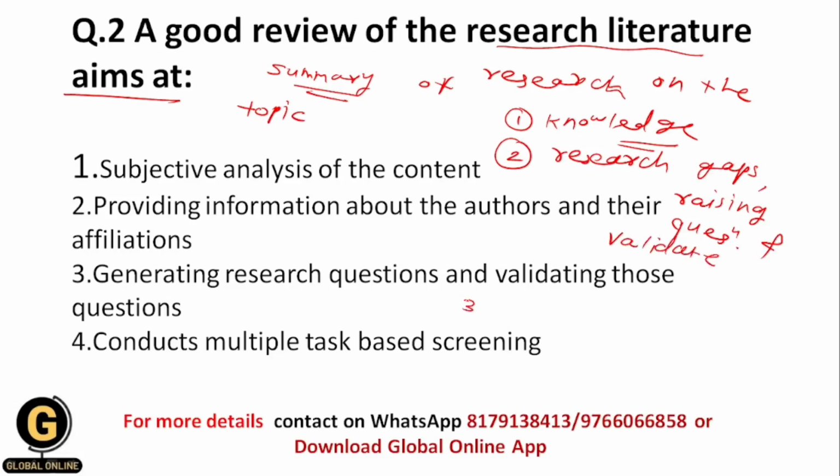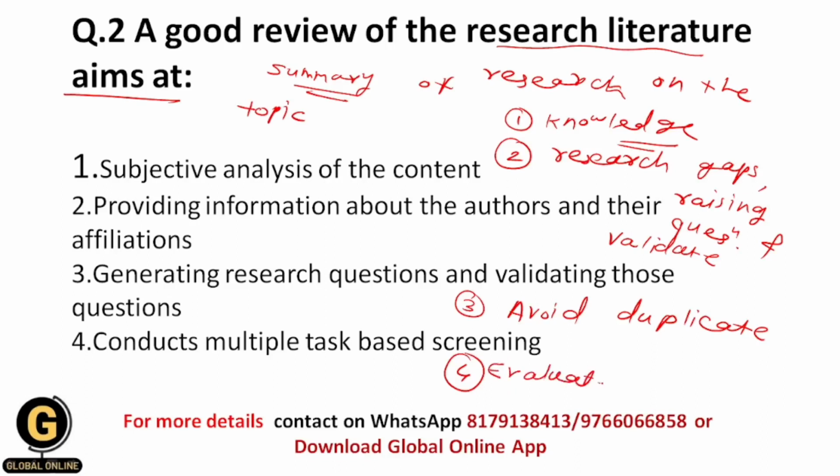The next aim is to minimize the probability of unintentional duplication of work, that is, whether that kind of work is being done again and again by someone else. So we have to avoid duplication of work, and it is an aim of review of literature. The next one is to evaluate promising research methodology: whether our research methodology is good or not, so we have to evaluate it. It is also one of the aims of review of literature.